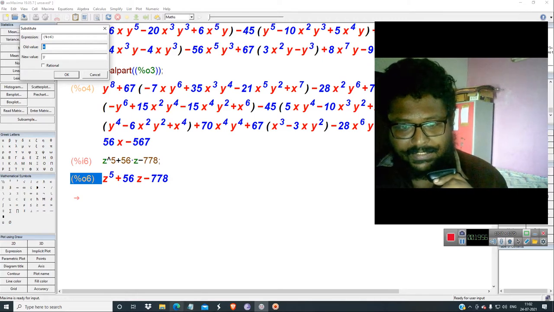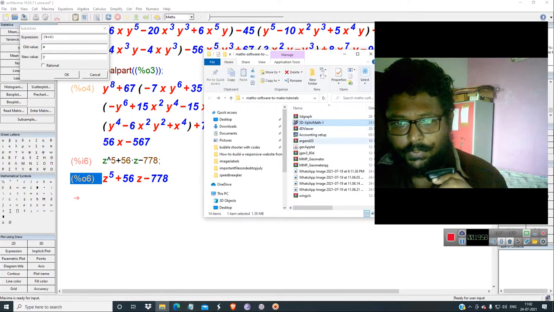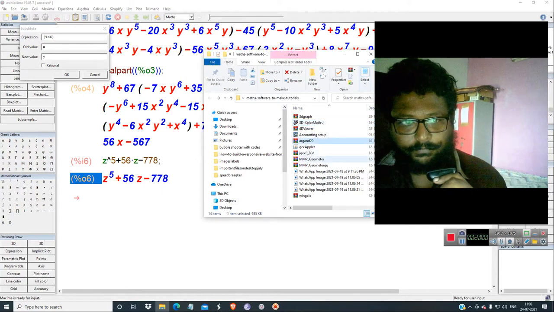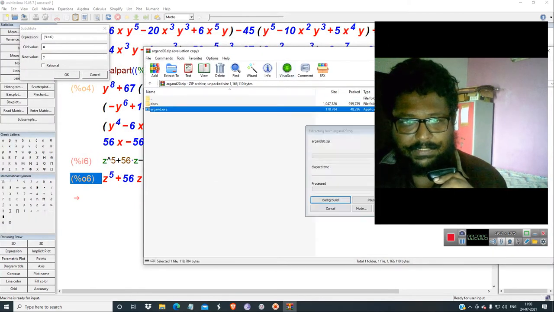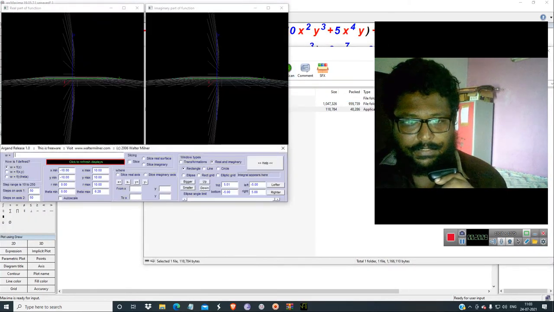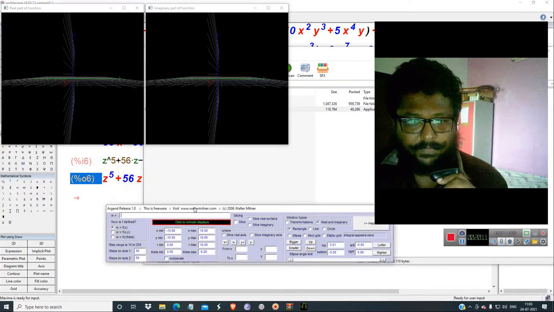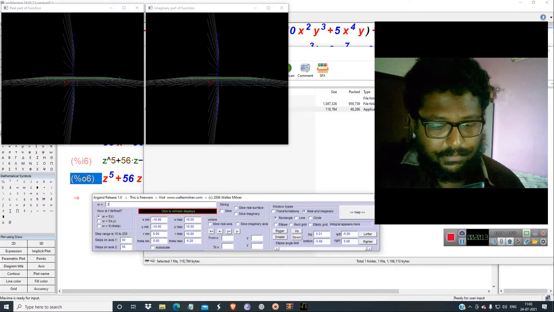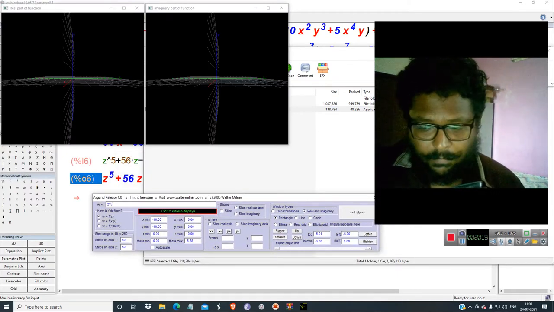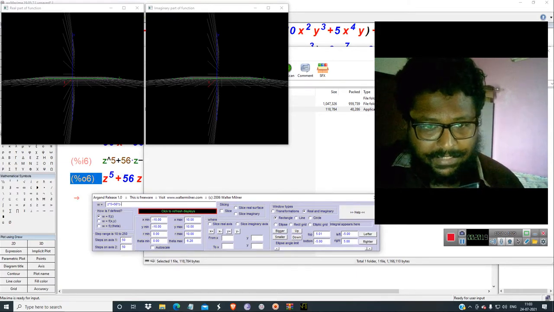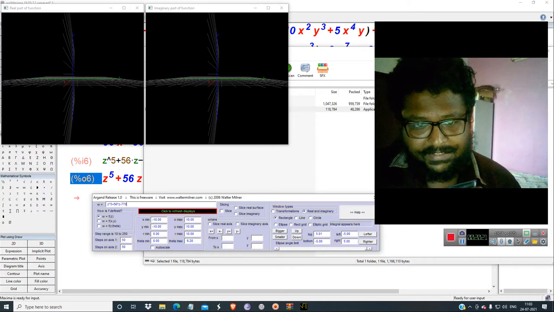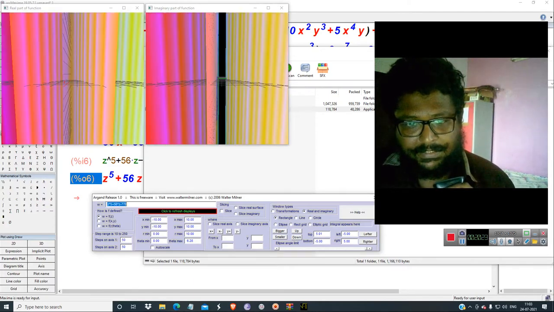Take this Argand map, close this, and plot it here. Let me plot this function, z to the power 5 plus 56 z minus 778. Okay, let's see the grid.